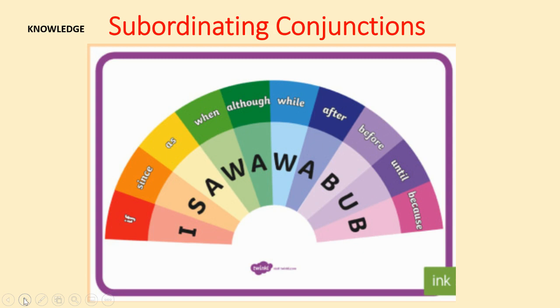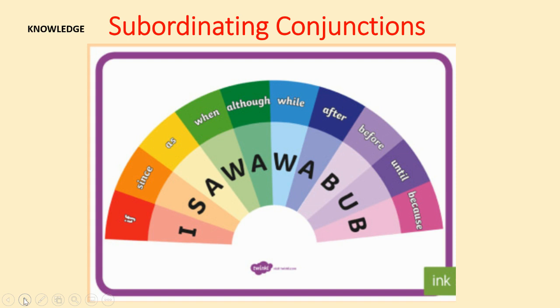Okay, so here are some of the most common subordinating conjunction words that we will come across. Let's read them together, starting at if, which is in red. We've got if, my turn, if, your turn. My turn since, your turn. My turn as, your turn. My turn when, your turn.